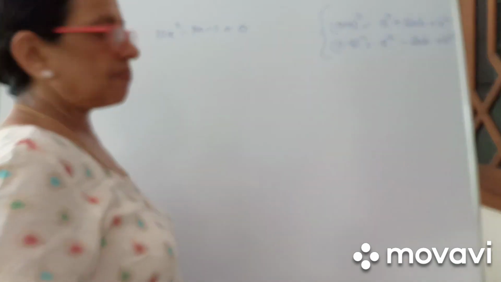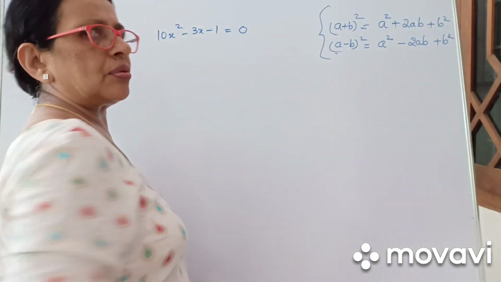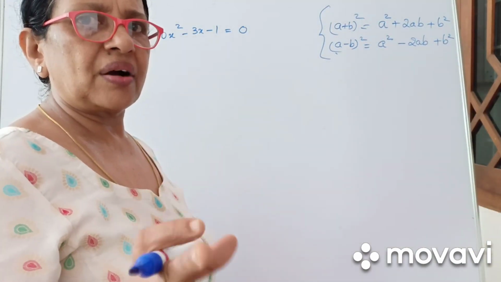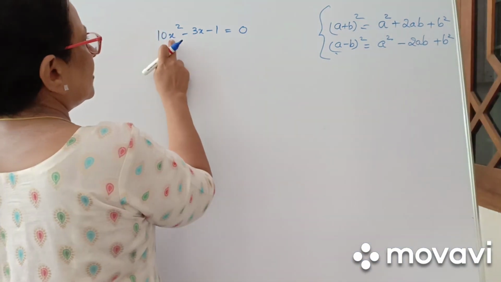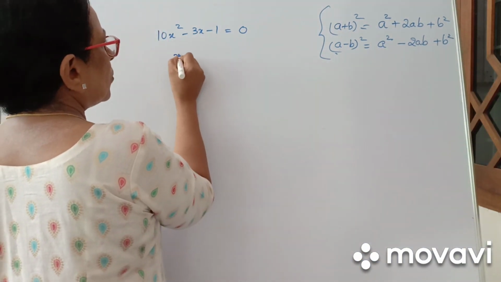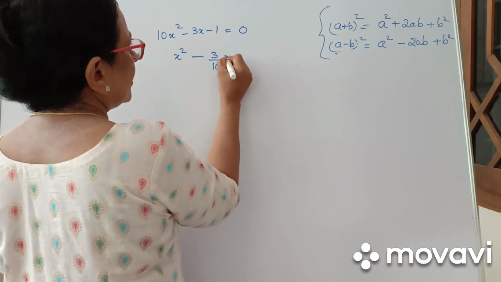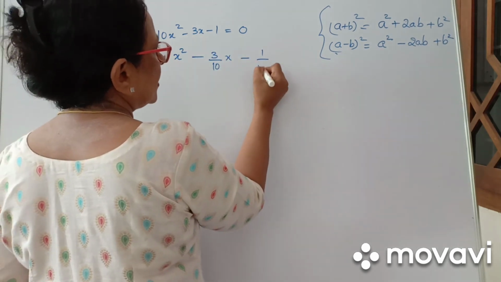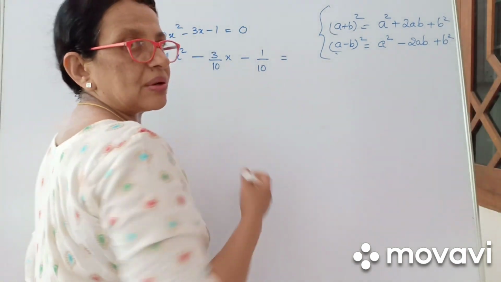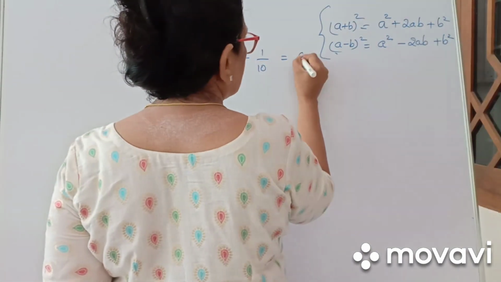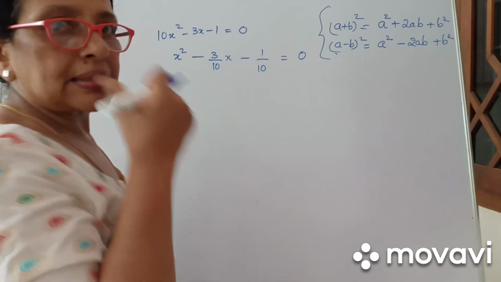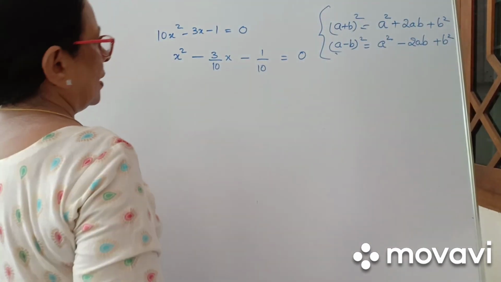To remove some number, divide throughout on both sides with that number, with 10. So when you divide here with 10, you get only x squared. Over here when you divide, you get 3 by 10x minus 1 by 10 equal to 0 by 10. What is 0 by 10? It is 0. Understood? Okay.